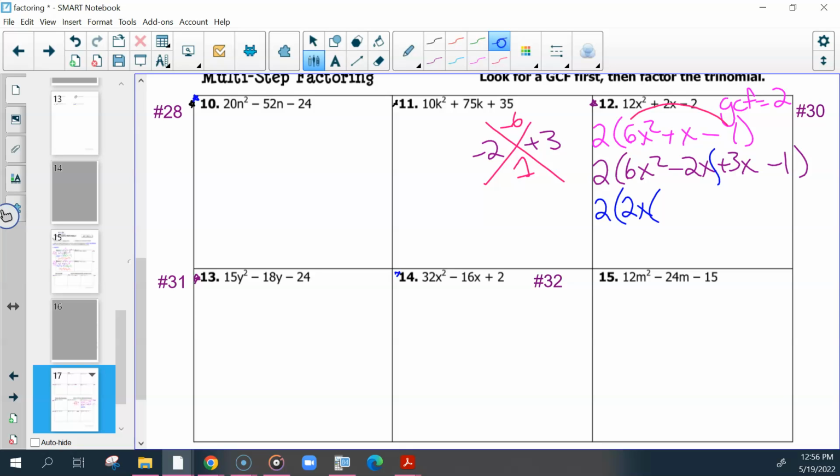If we divide both of these terms by 2x, what would be left? 3x and minus 1. And what could we divide out of the last two numbers? 1. Which will leave us with just 3x minus 1.